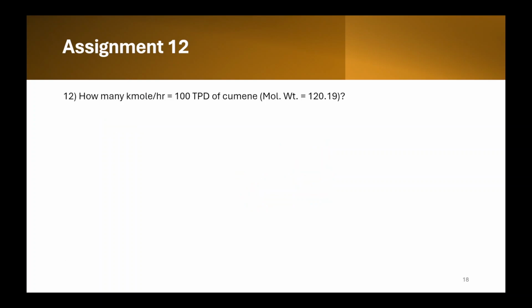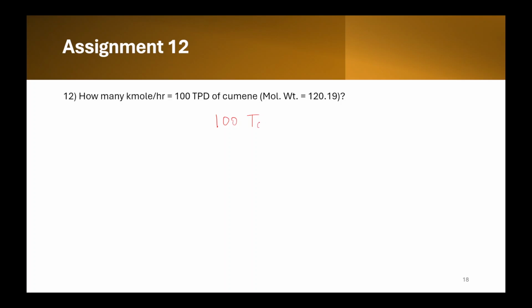Next question. How many kilomole per hour is equal to 100 TPD of cumene? So I have not discussed the material balance, but this is quite a straightforward question. So you have 100 ton per day of cumene, you have to convert it to kilomole per hour.